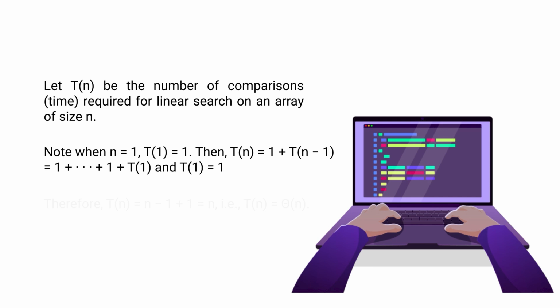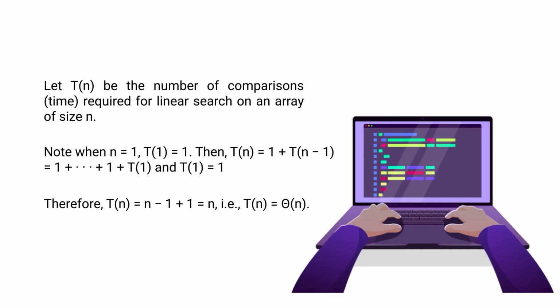In every recursive call, the problem size is reduced from n minus 1 to n minus 2, n minus 2 to n minus 3, up to problem size equal to 1. At every step, the number of comparisons equals 1. So, 1 plus 1 plus 1, up to the problem size equal to 1, that is T(1). When we calculate the time complexity, that is the number of comparisons for linear search, T(n) equals n minus 1 ones, and when the problem size is 1, there is no comparison actually, so we can say 1.